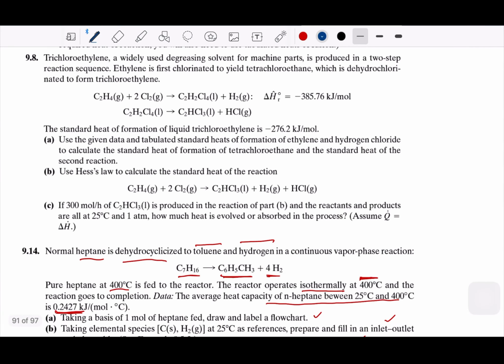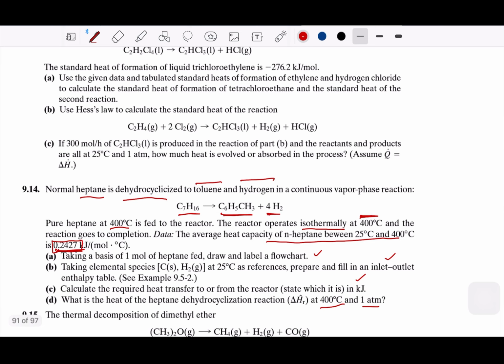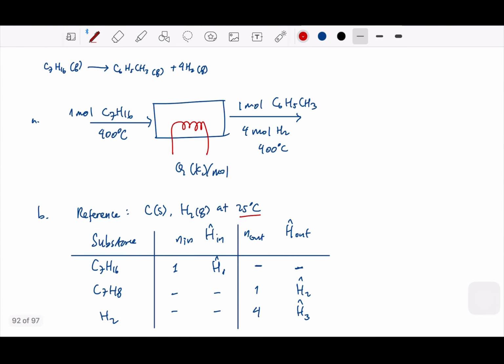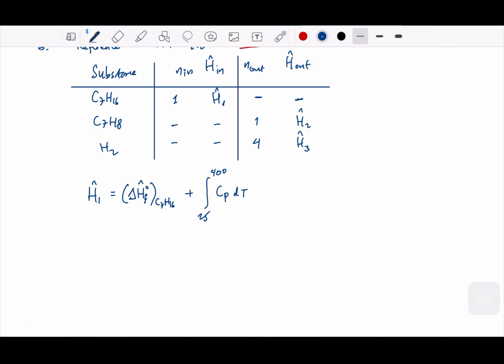We already have that the CP is given by 0.2427. I think this is pretty much an easy calculation. We follow from the CP that we have in the information, and this results in negative 96.8 kilojoules per mole. You need to be careful, okay? You need to also be correct with the signs, or if not, then you need to understand what the meaning is behind this number.